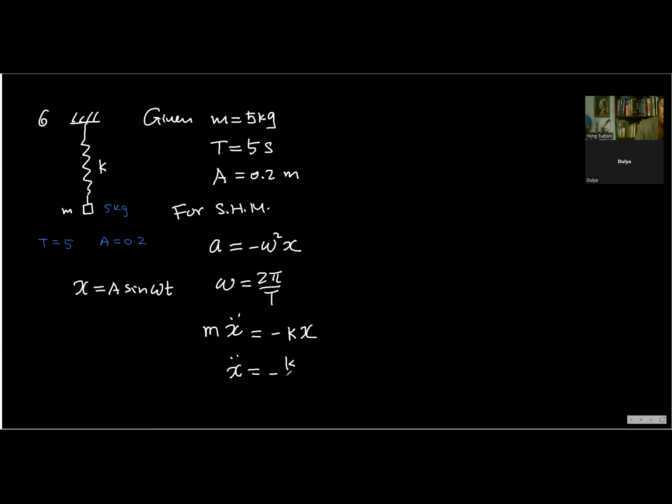K over m, right? Now if you compare these two formulas, you should be able to find the formula you want. They are the related formulas. Yes, there's a simple relation here.